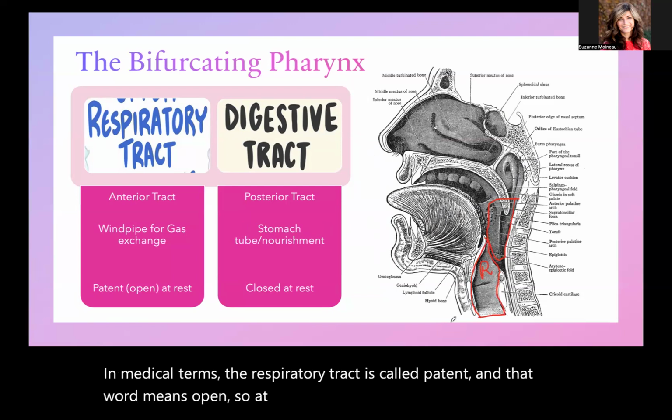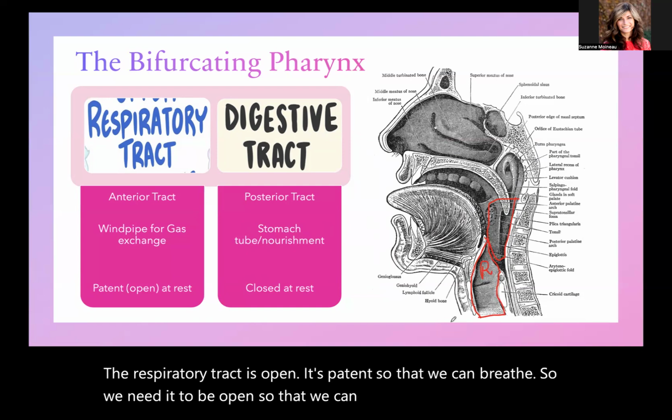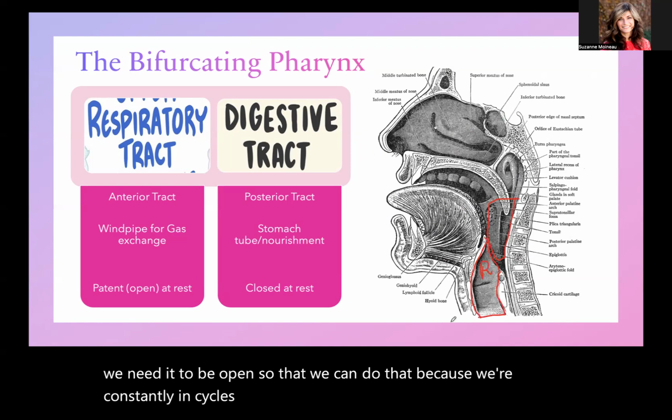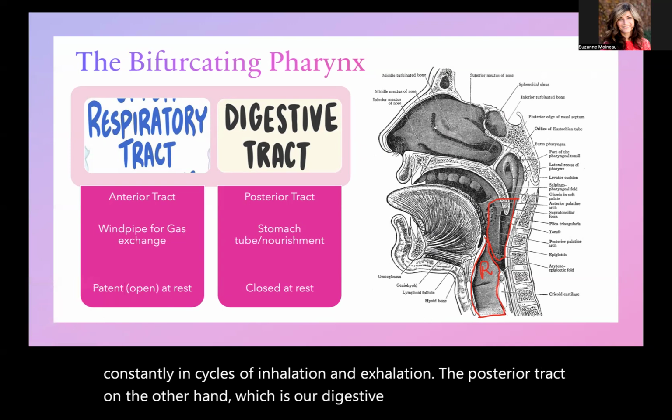So at rest, the respiratory tract is open. It's patent so that we can breathe. So we need it to be open so that we can do that because we're constantly in cycles of inhalation and exhalation. The posterior tract, on the other hand, which is our digestive tract, we can see is closed.